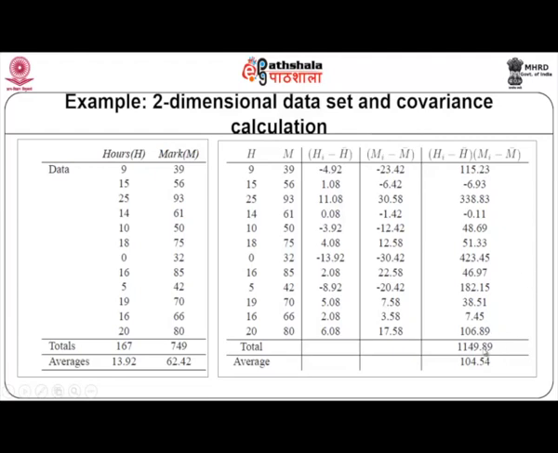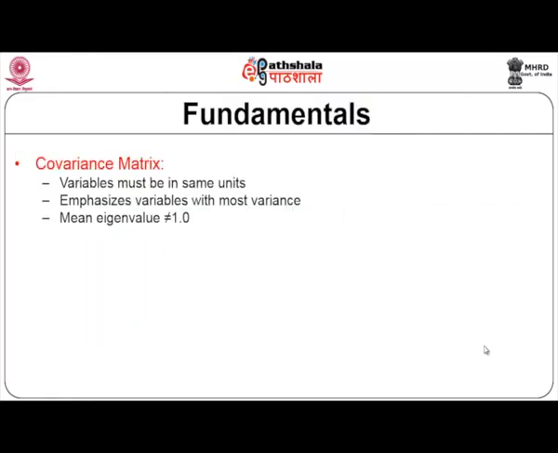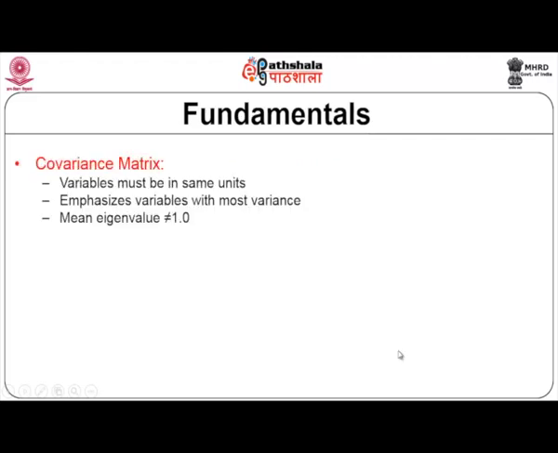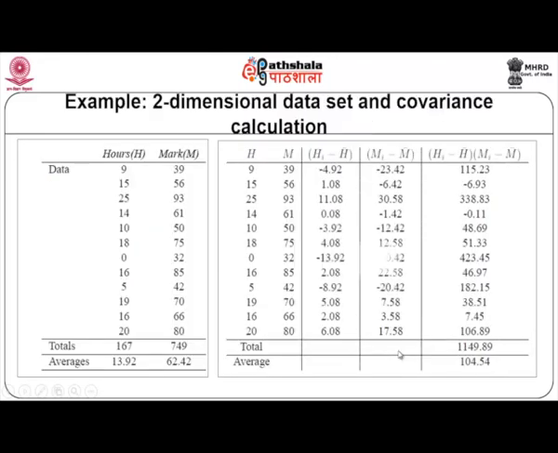Based on the sum, you can make use of the covariance equation, which is already discussed. Here x will be treated as the hours spent, y will be treated as the marks scored by the students, and n will be the total number of elements in the data set. With this information you can calculate the covariance between the hours spent and marks scored by students.